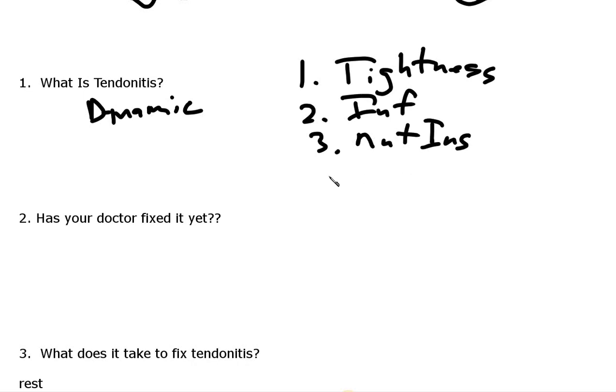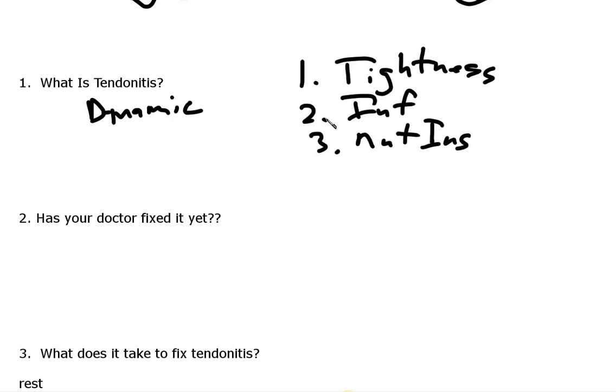Those three factors all work together to cause more of themselves, and that is the tendonitis dynamic. That's why your tendonitis showed up. That's why your tendonitis stays in place. That's why some things your doctors prescribed for you didn't help, because it didn't adequately deal with the tightness and or the inflammation and or the nutritional insufficiency.